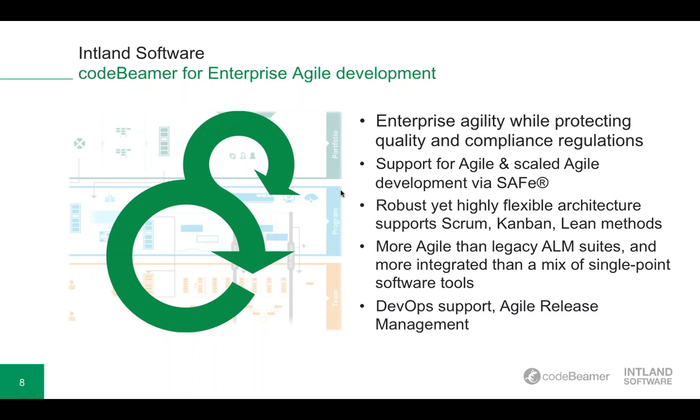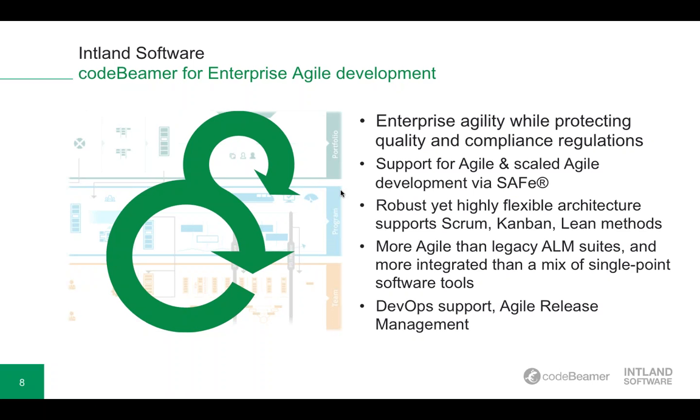Codebeamer supports Agile and Scaled Agile development via the Scaled Agile Framework, and a very high level of effectiveness by doing the right things. They can be greatly managed within our demand and requirements management capabilities, for example, in Codebeamer. And Codebeamer supports a robust yet very highly flexible architecture.